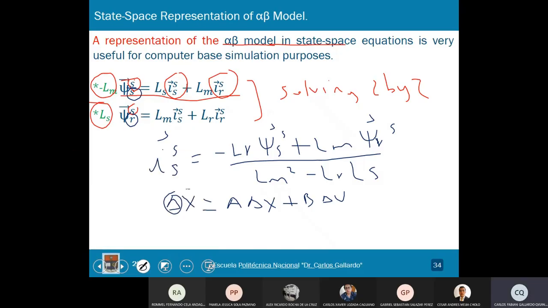This is the state space representation. My objective is to put this equation in this form.